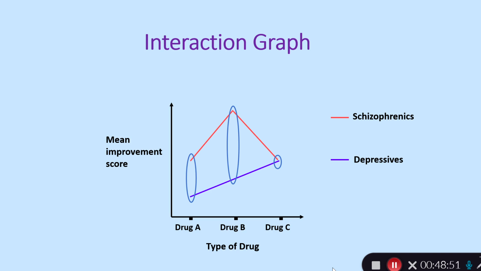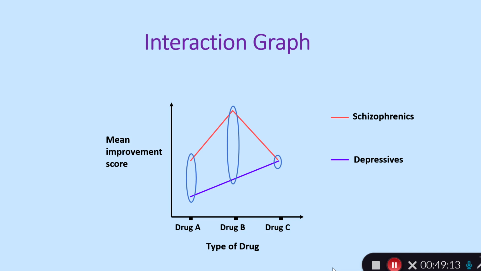And then we do a second t-test, say, for drug B, and we compare those 2 points that are highlighted. In this case, again, what we would find, I'm pretty sure, is that the mean improvement score for drug B is better for schizophrenics than for depressives. So that's consistent with drug A as well.